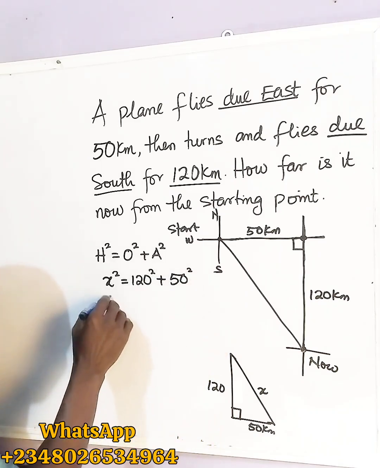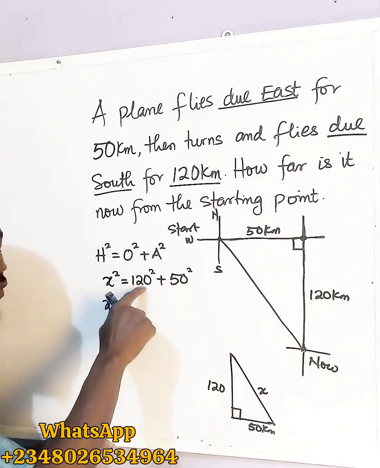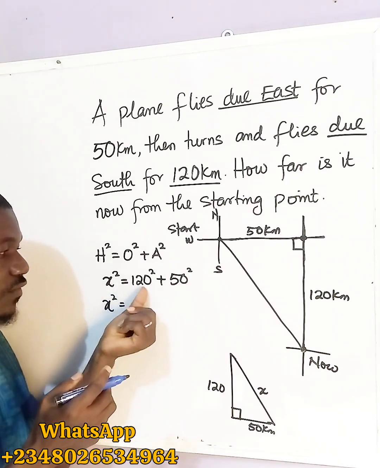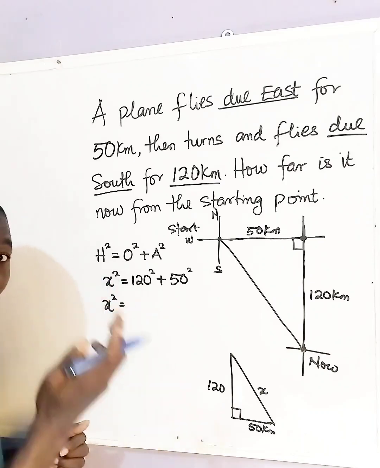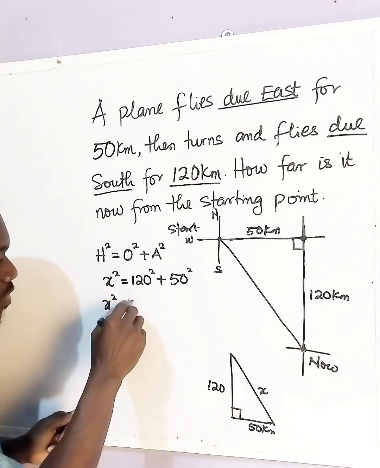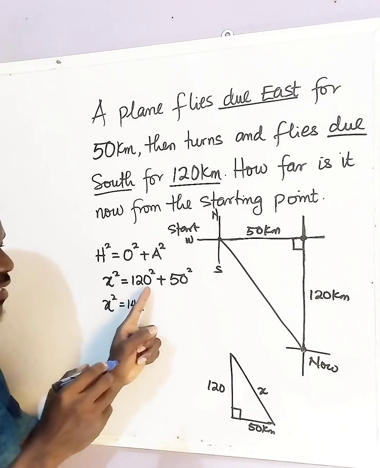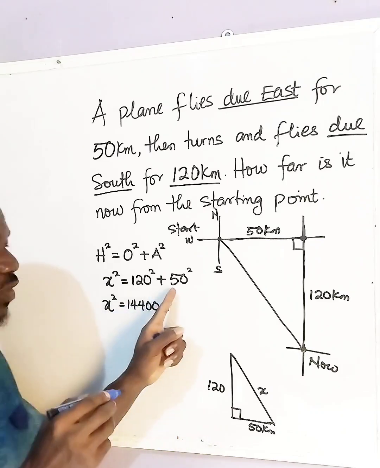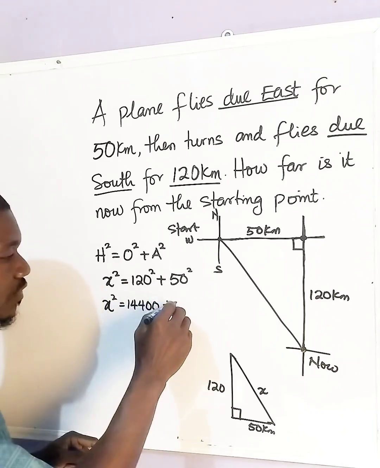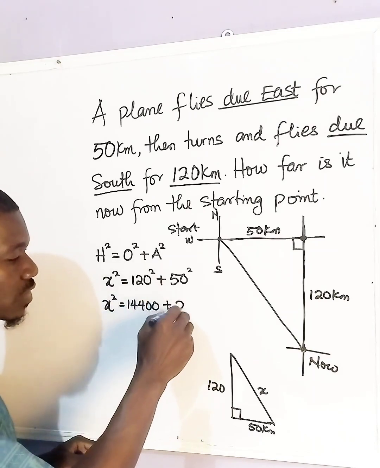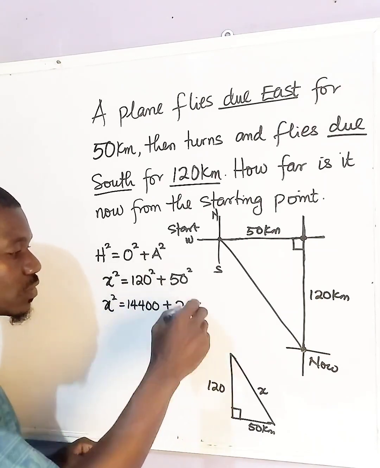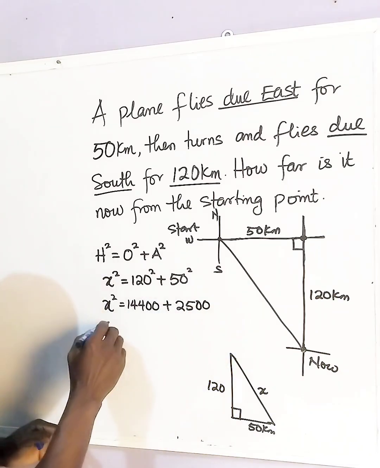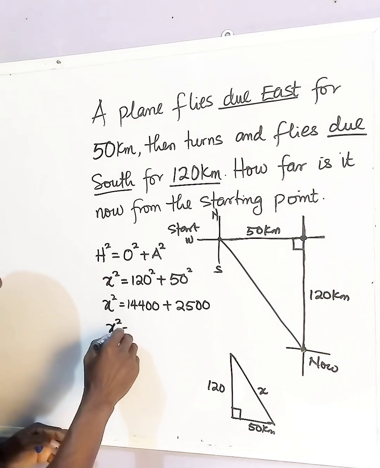So here we have x squared equals 120 squared, but since you just have 12 and 0, 12 squared is 144, then 0 twice. Then plus 5 squared, which is 25, then 0 twice, since they are squared.